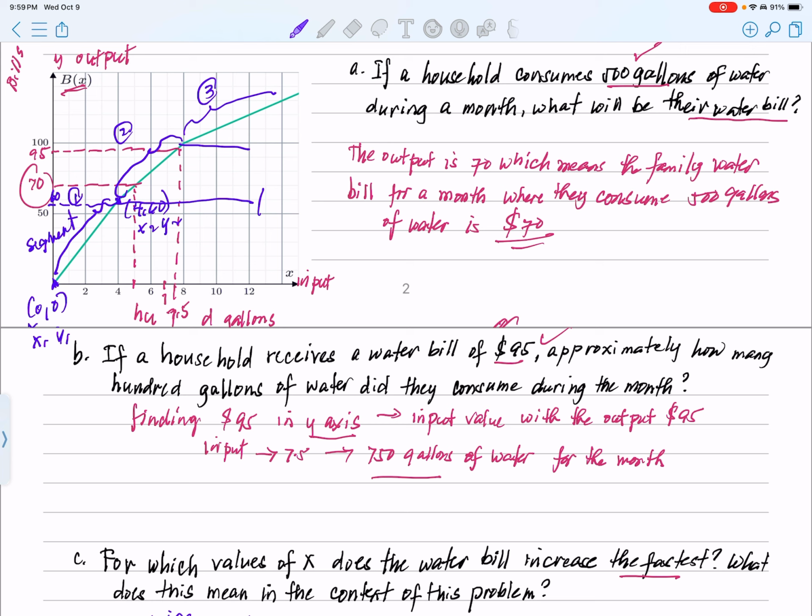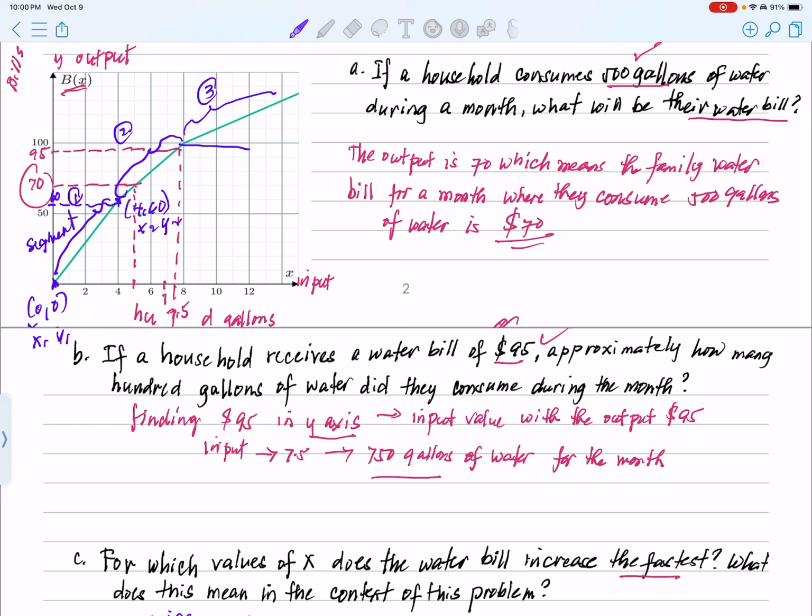We have 4 and, wait a minute, I'm still looking for this point where it started to change. 4, 60. Oops. Wait, I messed up.